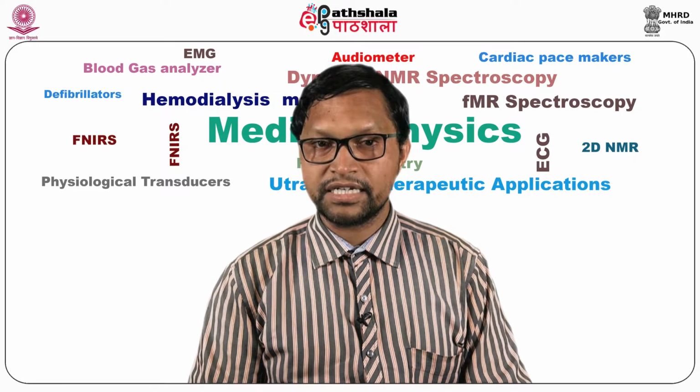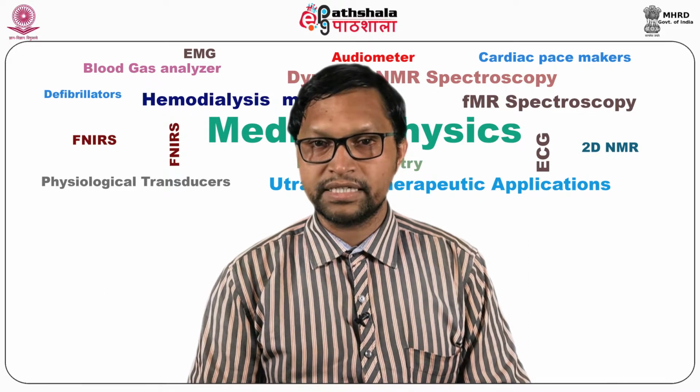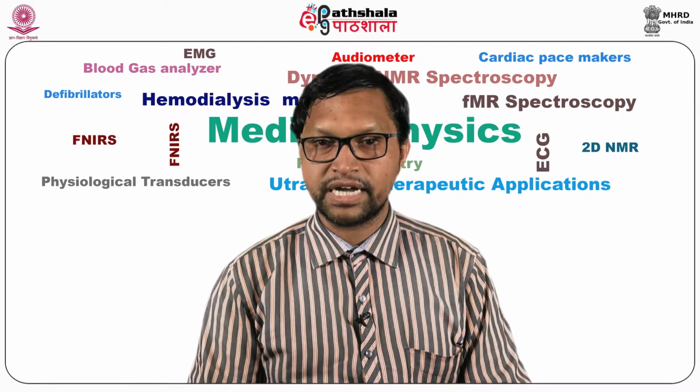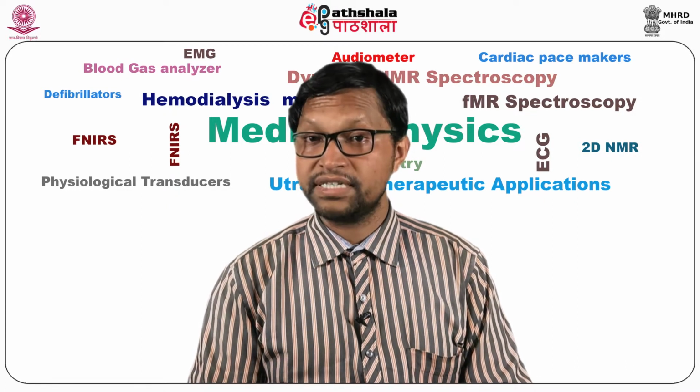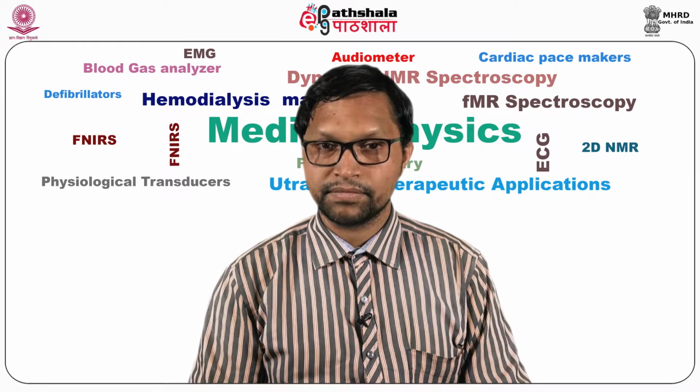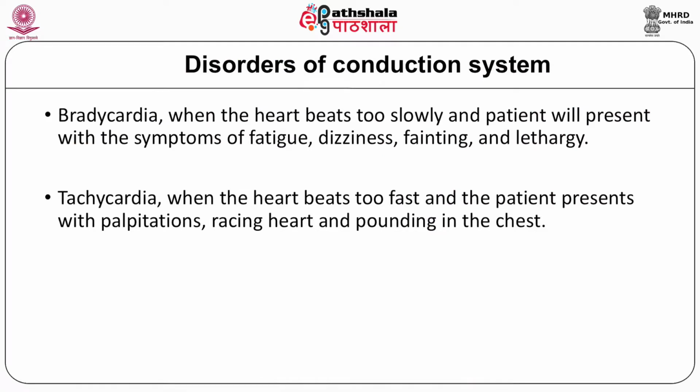The electrical conduction of the impulse causes the mechanical beating of the heart. There are two main disorders of the conducting system which can adversely impact the heart's electrical rhythm. One, bradycardia, when the heart beats too slowly and the patient will present with symptoms of fatigue, dizziness, fainting, and lethargy.